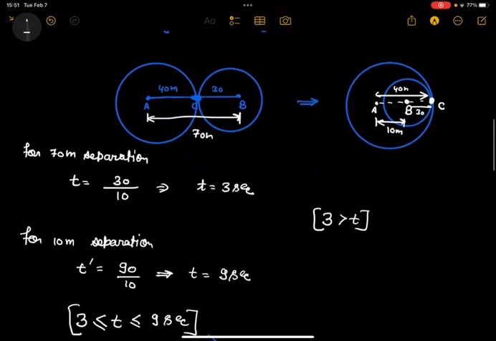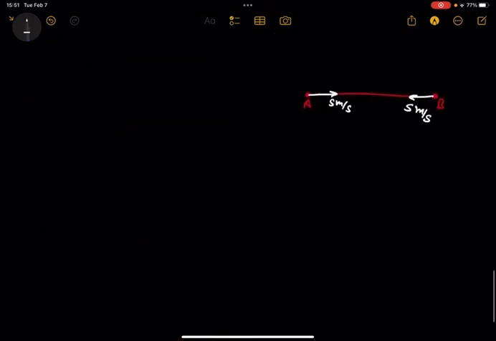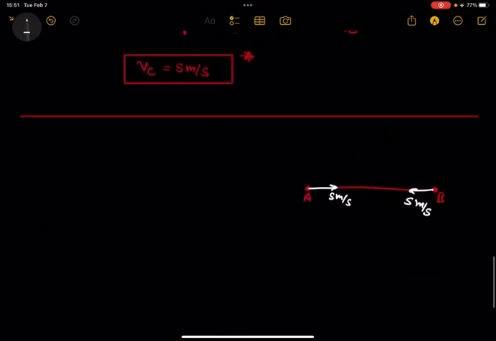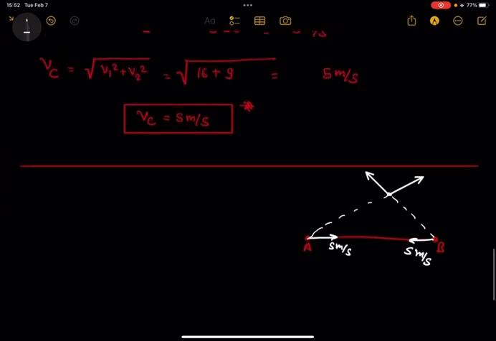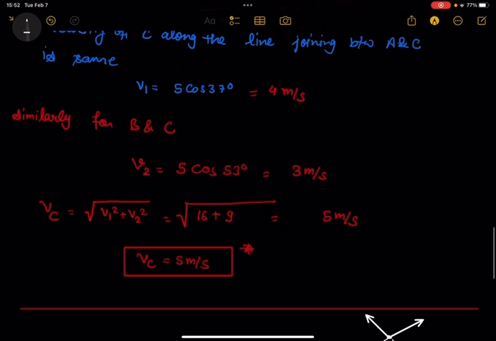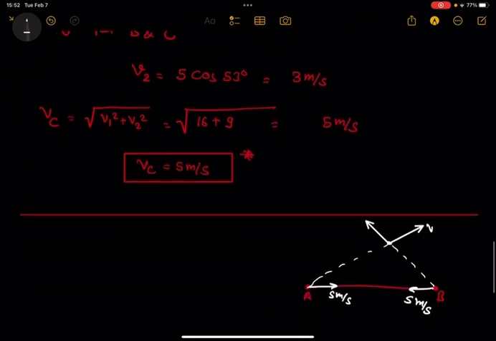You know very well, for C point, C has one velocity in this direction and one velocity acting in this direction. This velocity I already calculated, it is V1. V1 is 4 meter per second and V2 is 3 meter per second.